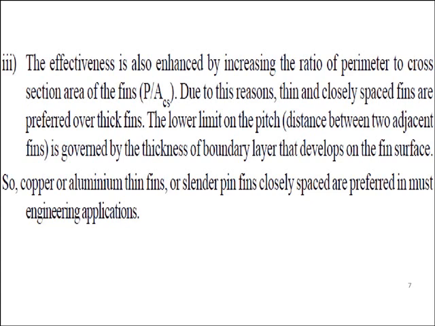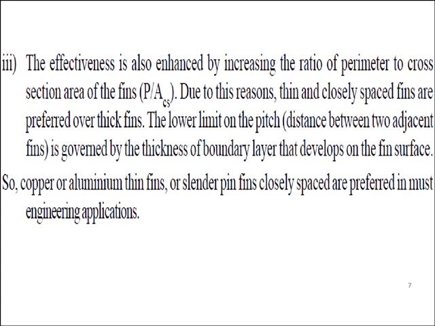So if we keep this in mind, instead of using one thick fin we use a large number of thin fins, and when we do this, the ratio of perimeter to the cross section area will be increased, and hence effectiveness of the fin is improved.